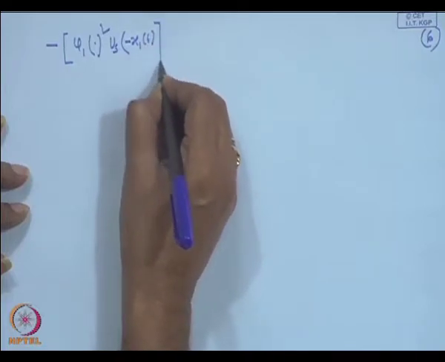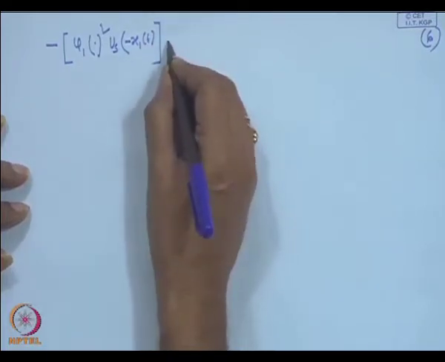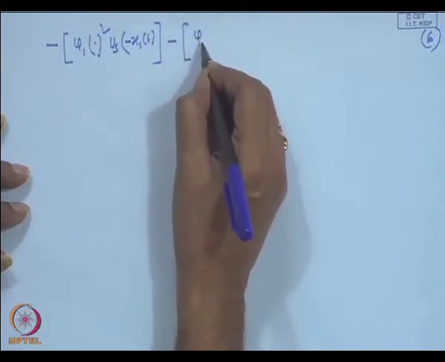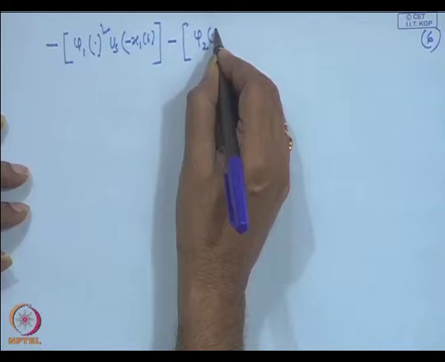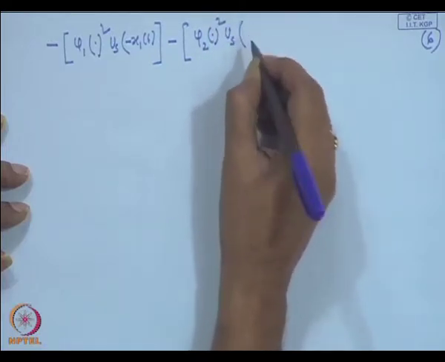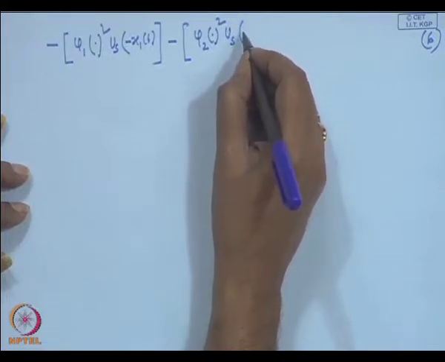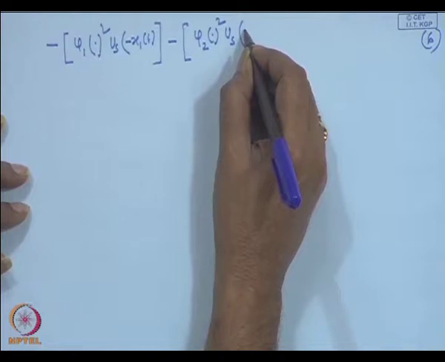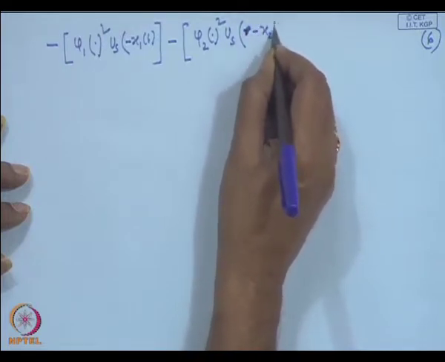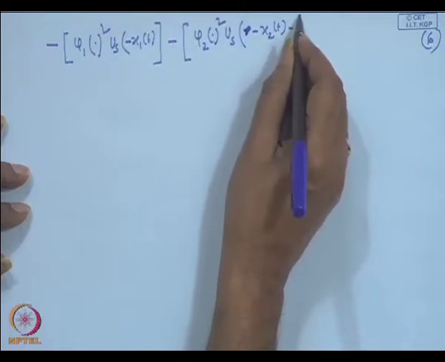Then minus psi 2 square dot u s, and the psi 2 value is minus x 2 minus 1.